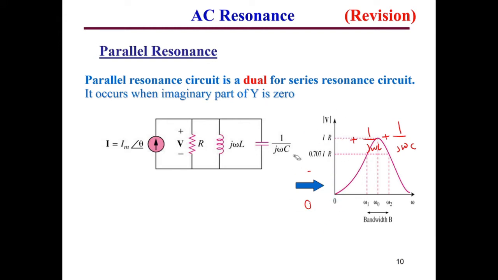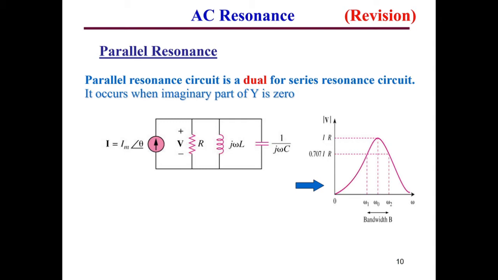Okay, so now again, if we plot the relationship between the voltage and the frequency, we will find that at resonance the voltage will be maximum, since the current will flow only through the resistor.